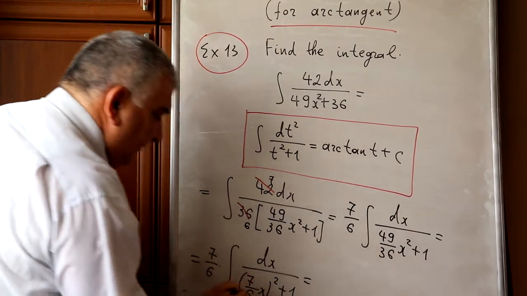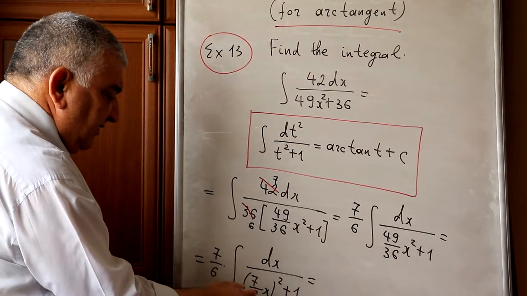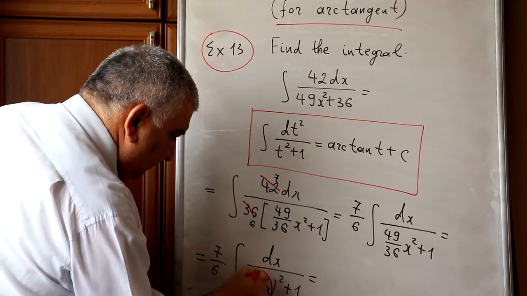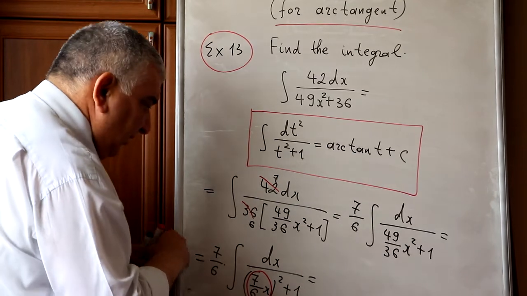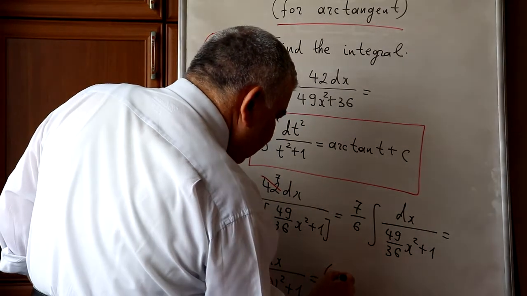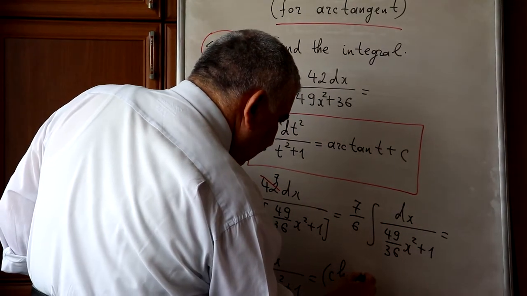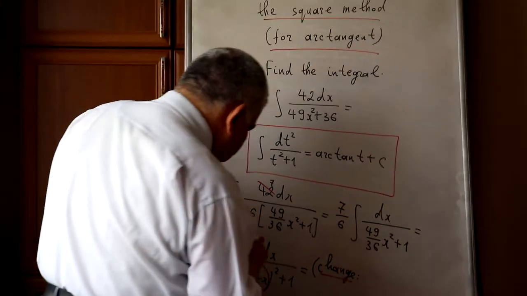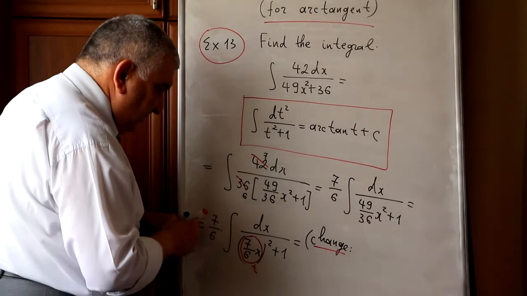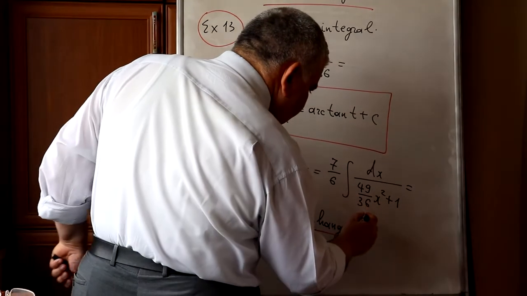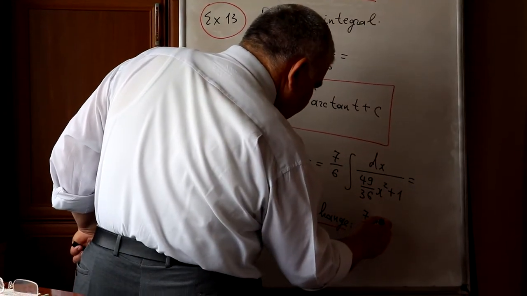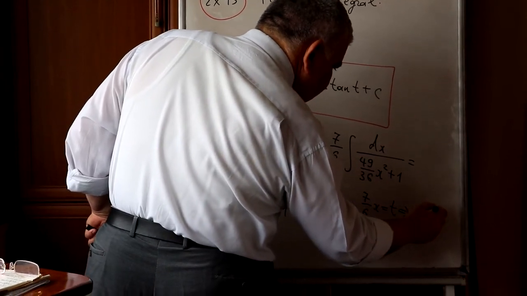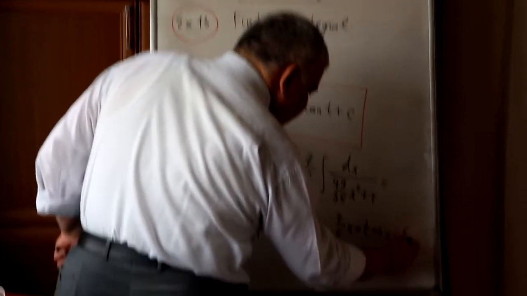And then change 6x by new variable t. Let 6x is t. Then x is equal to 6/7 t.